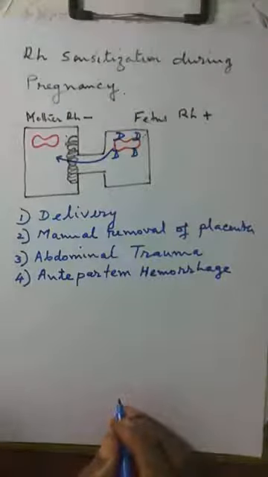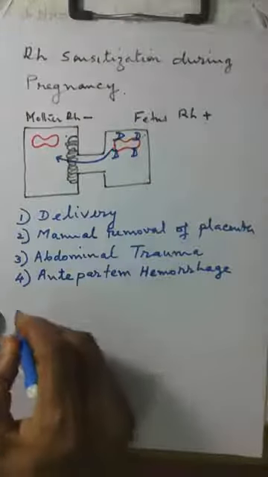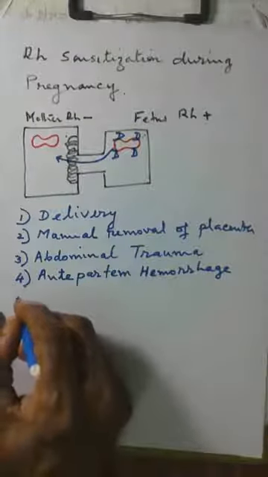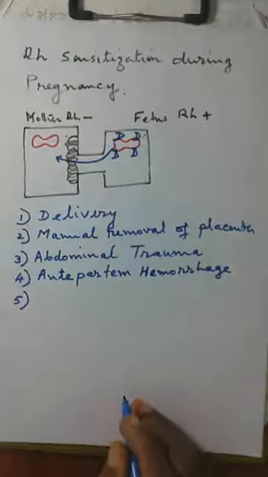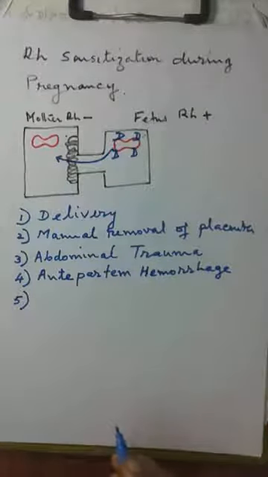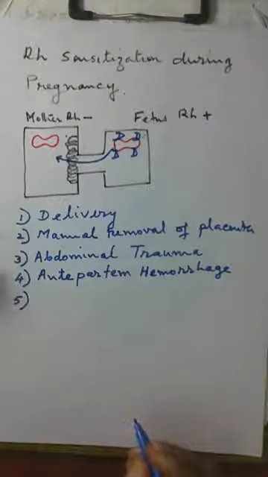What is the next event, next chance? Number 5. There is a chance if we evacuate a molar pregnancy.